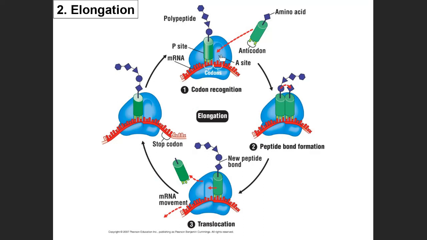Now, which tRNA enters the A site depends on which tRNA has an anticodon that complements the mRNA codon. The correct tRNA will have an anticodon that complements the mRNA codon, and thus they will base pair together.